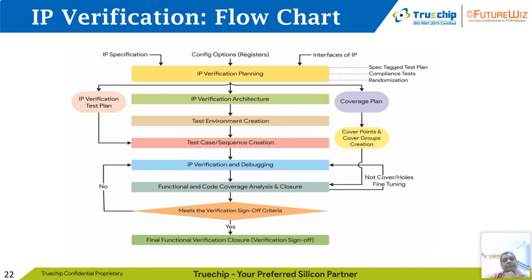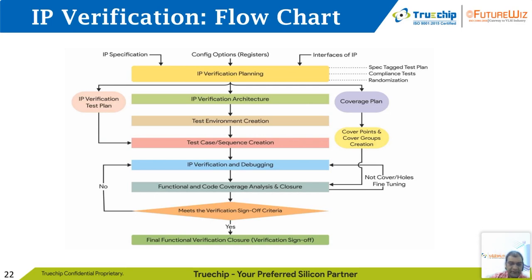And then the first goal is to create a verification plan, wherein we create a spec-tagged test plan. We see if there are any compliance tests mentioned by any standards bodies, and then we see how we can do randomization. Then we create the IP verification plan. Then we create the architecture of a test bench under which we want to verify the IP. And then we create a coverage plan.